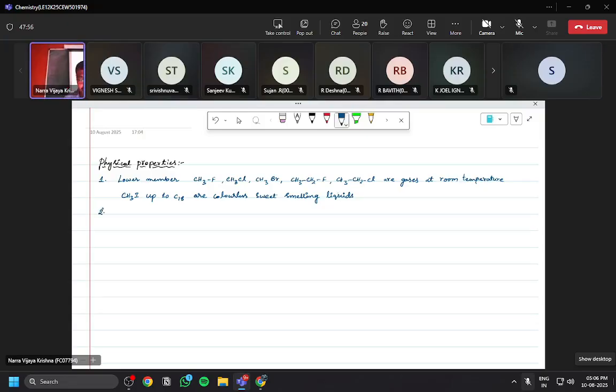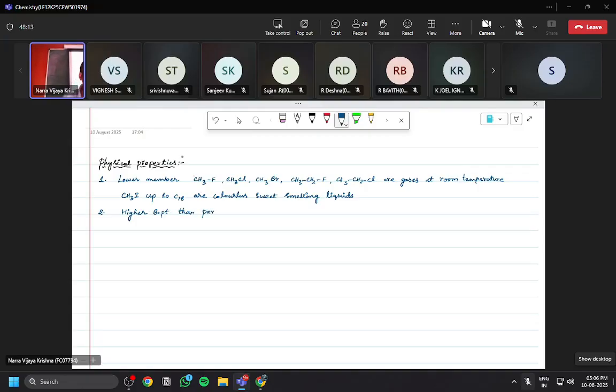Above them are all solids. Now, most of the alkyl halides will have higher boiling points than the respective alkanes.